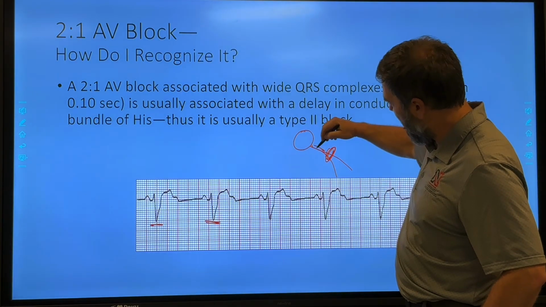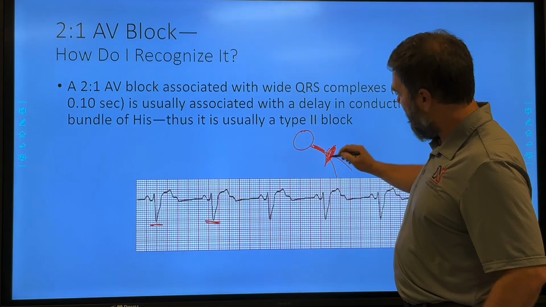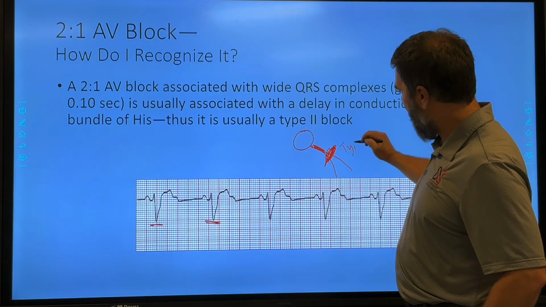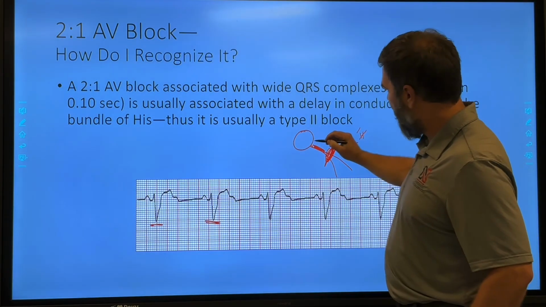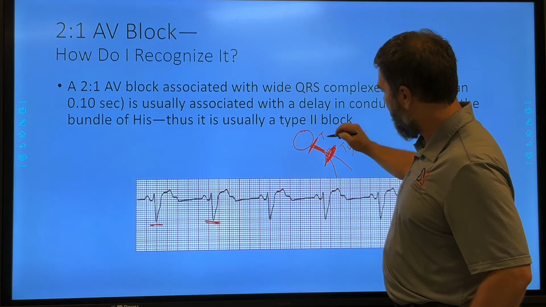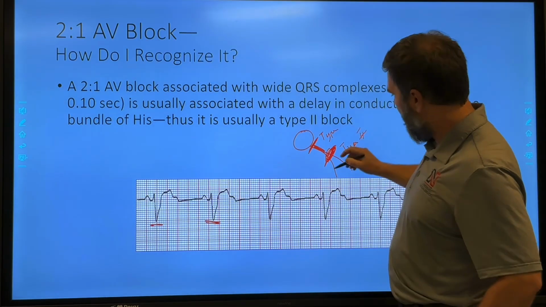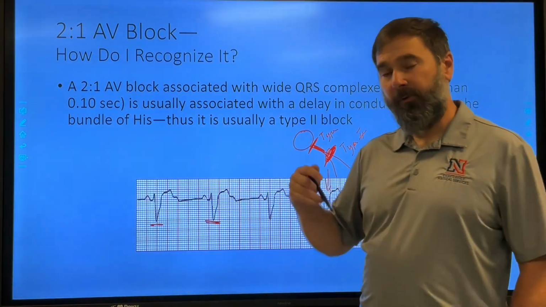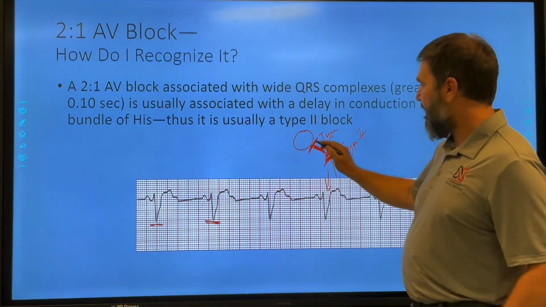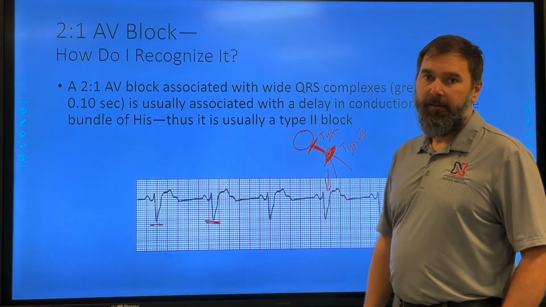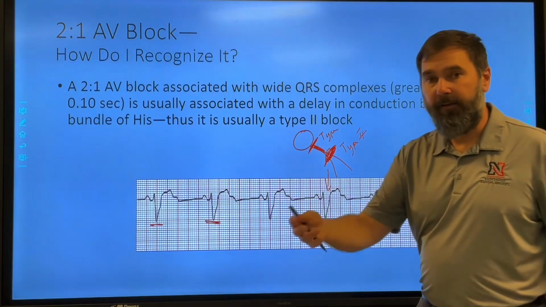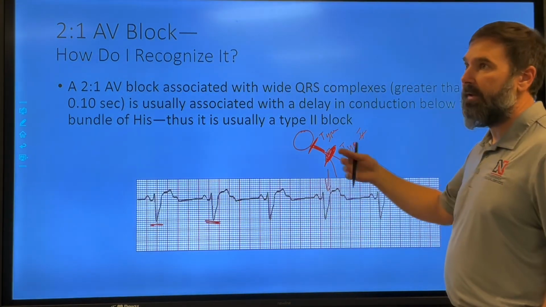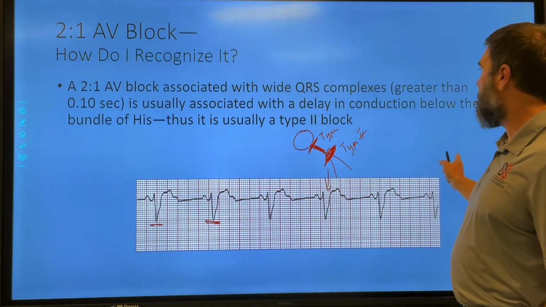So here's the bundle of His. It's happening somewhere lower than that. So that's a type 2 characteristic. If it's happening up here, it's a type 1. So type 2 is associated with a wide QRS, and type 1 is associated with a narrow QRS, meaning it's happening at or above the bundle of His.